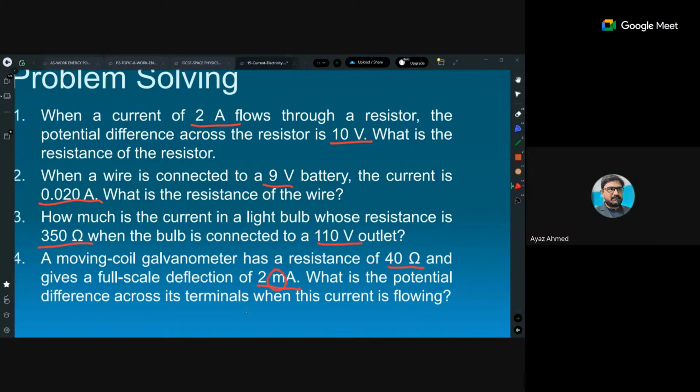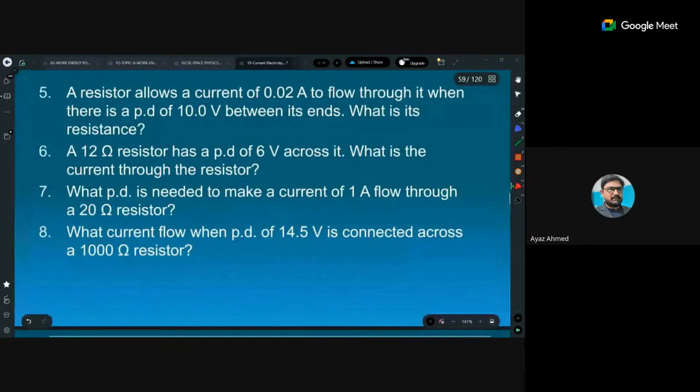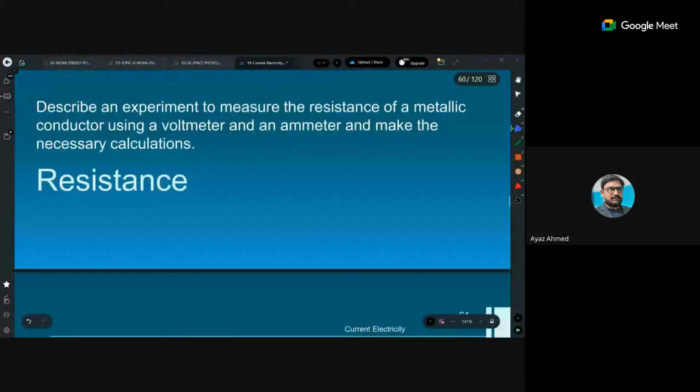Just convert this milli into ampere. Okay, you have to calculate voltage. So V is equal to IR. So it's quite easy. Step by step आप लोग use करोगे, because these all are just practicing equations. These are not the past paper questions. Practicing equation का मतलब ये है कि by all means you have to practice V is equal to IR, R is equal to V by I, I is equal to V by R and everything. ठीक है, so you have to please do all these questions.